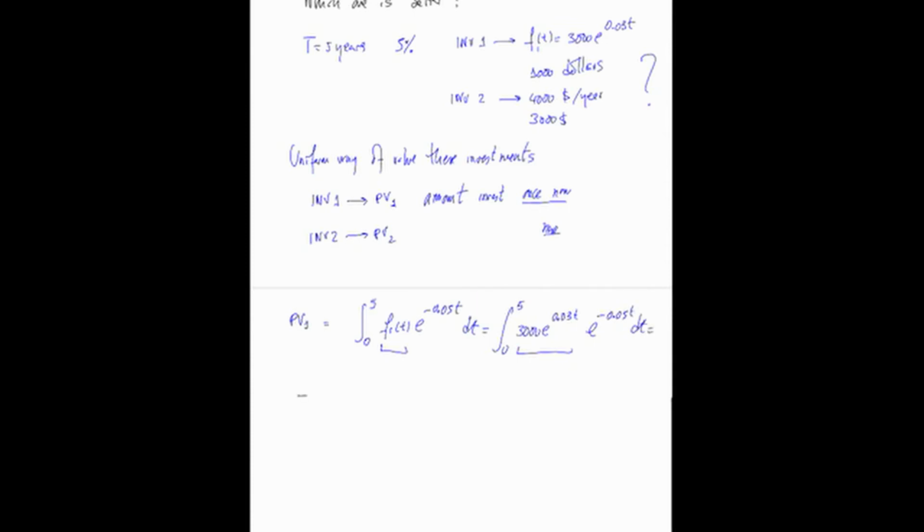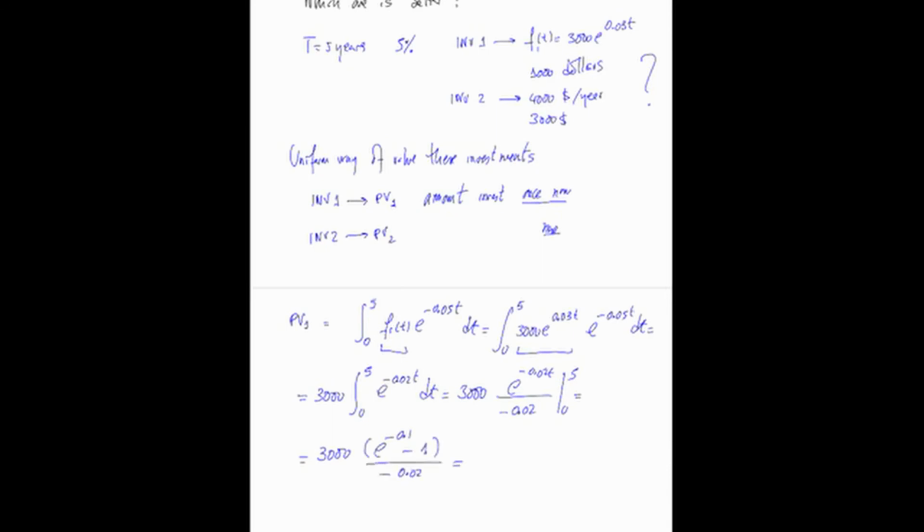and that becomes 3,000 integral from 0 to 5 of e to the minus 0.02 t dt, equal to 3,000 e to the minus 0.02 t over minus 0.02 between 0 and 5. You do this computation, I'll do it only once: 3,000 times e to the minus 0.1, this is 0.02 times 5, minus when t is 0, this is 1, divided by minus 0.02.